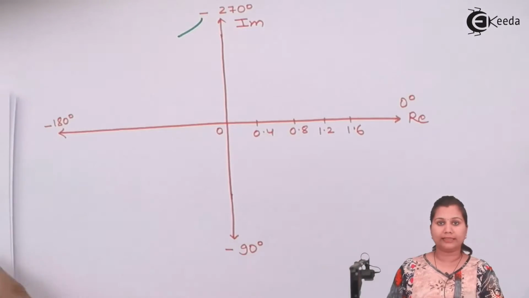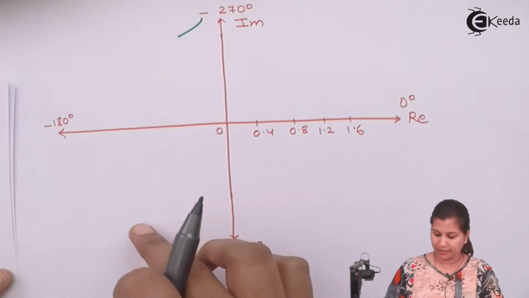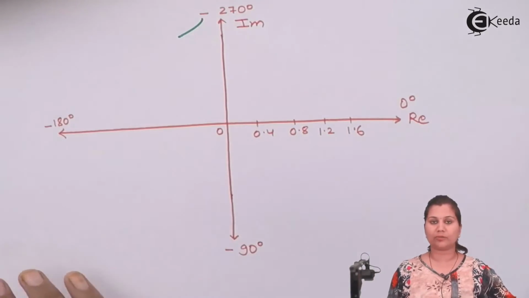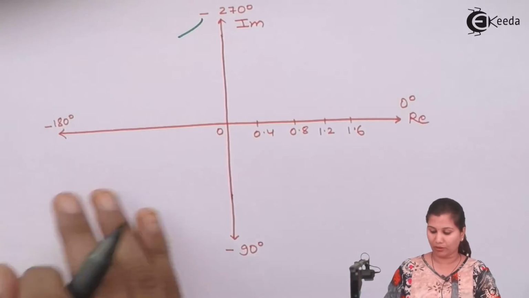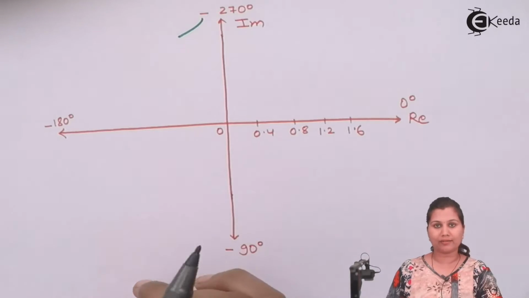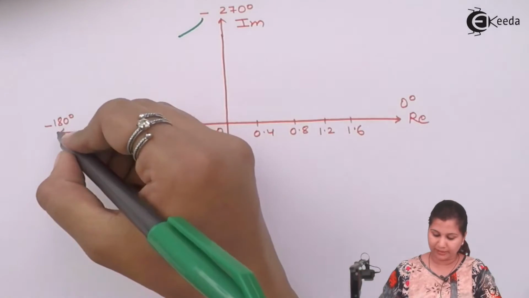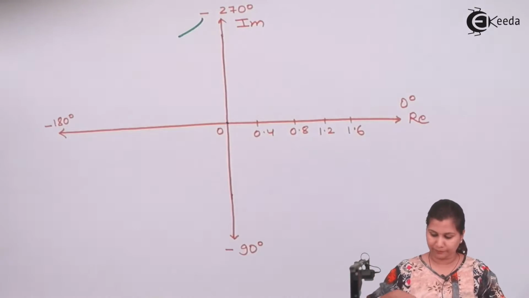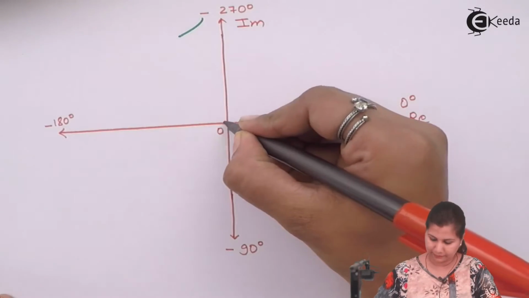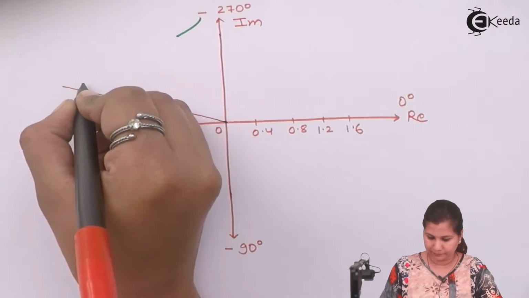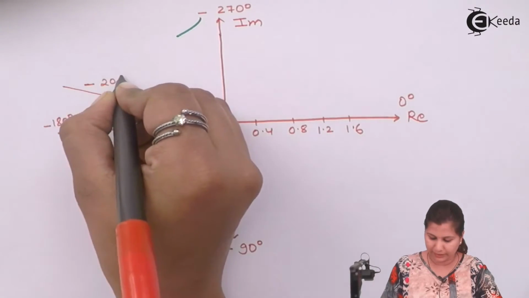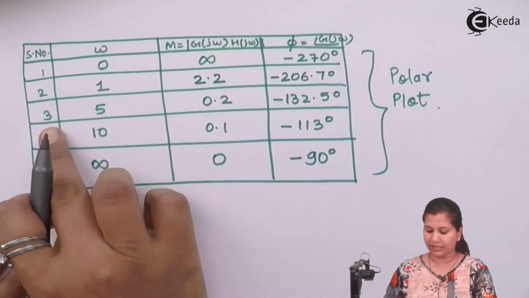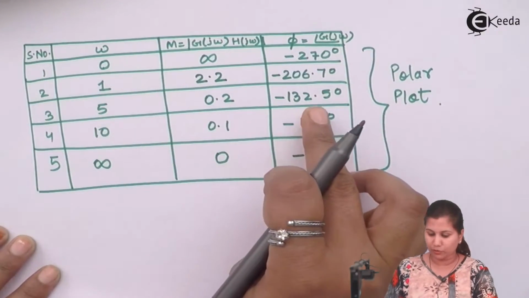When we have a negative angle, it goes in the clockwise direction, and if we have a positive angle, then it goes in the anti-clockwise direction. So here we have minus 206.7, and this is minus 180, so minus 206.7 will go like this. This is minus 206.7 degrees.